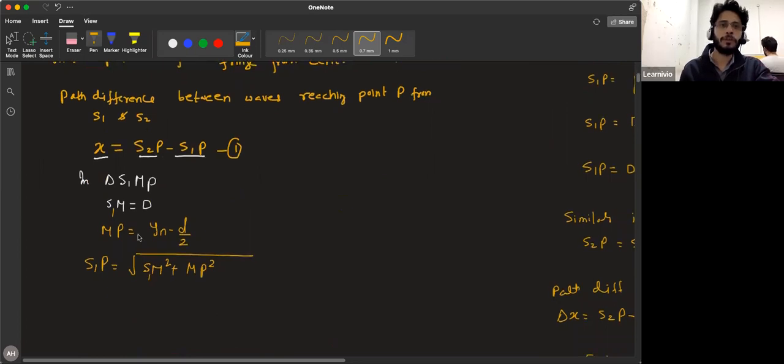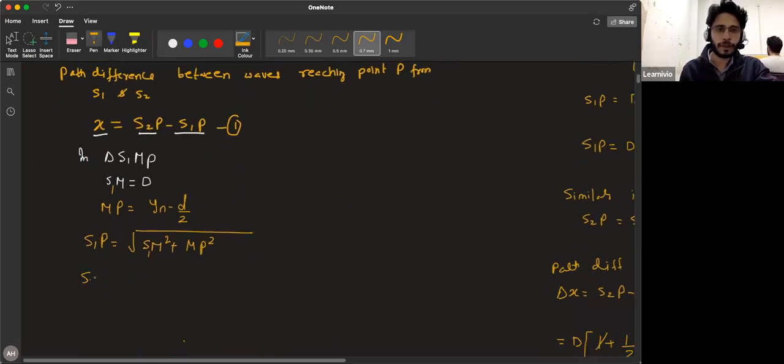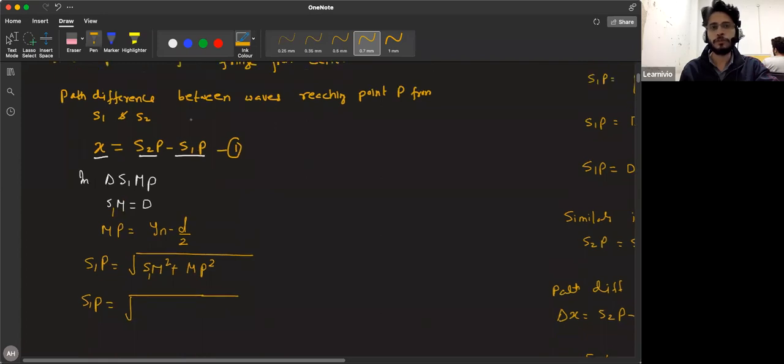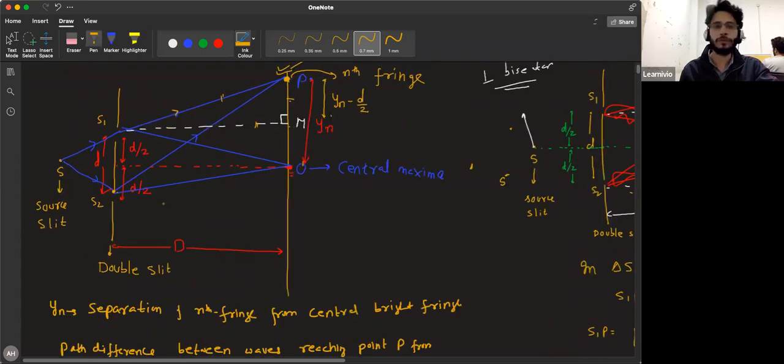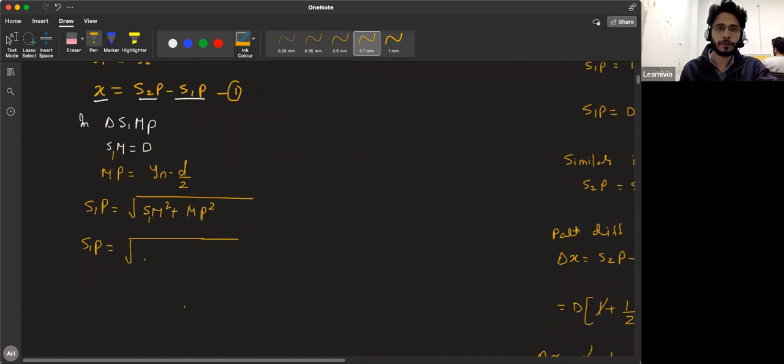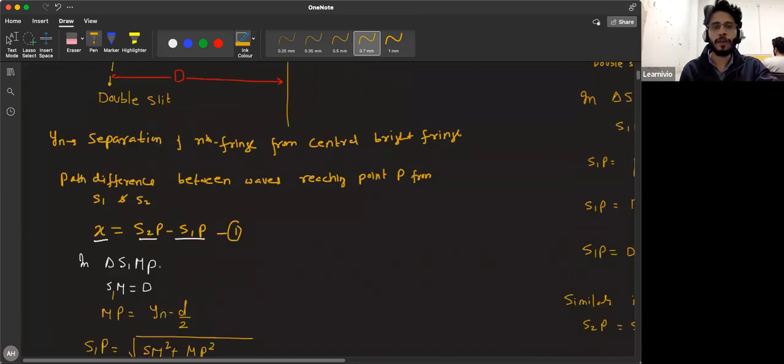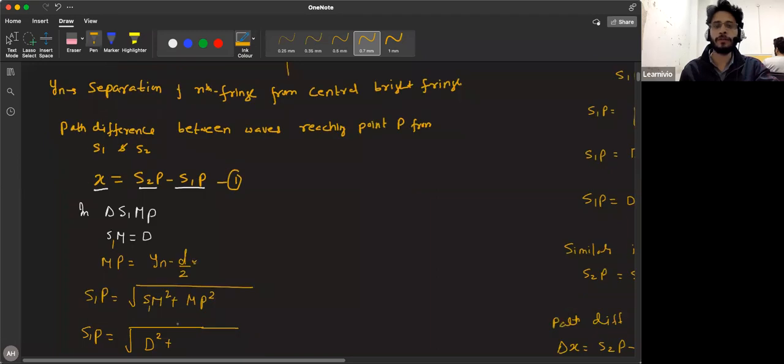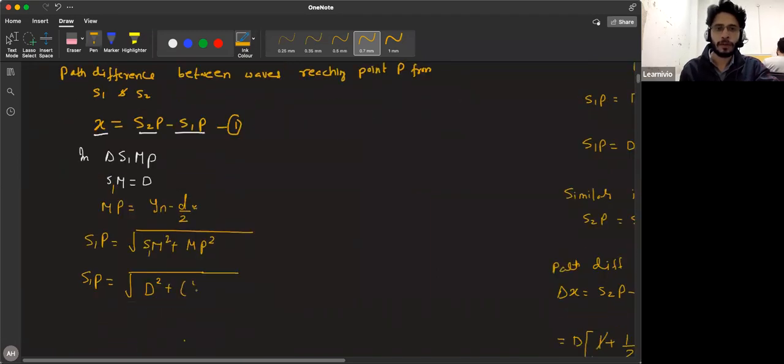Now, if I substitute these values here, S1P is root over S1M square. How much is S1M? S1M is D, so it's D square, plus MP square. How much is MP? MP is Yn minus d by 2, so it's (Yn minus d by 2) whole square.